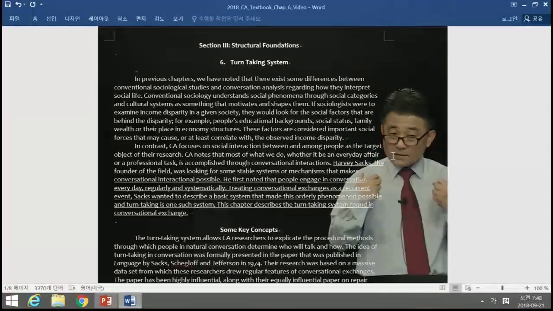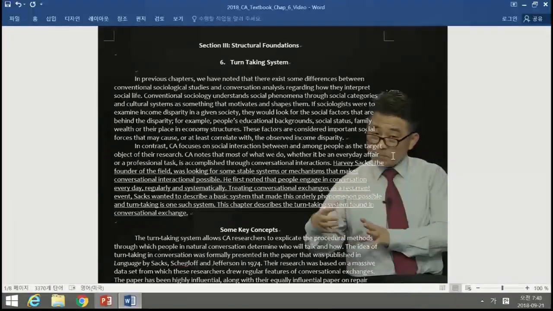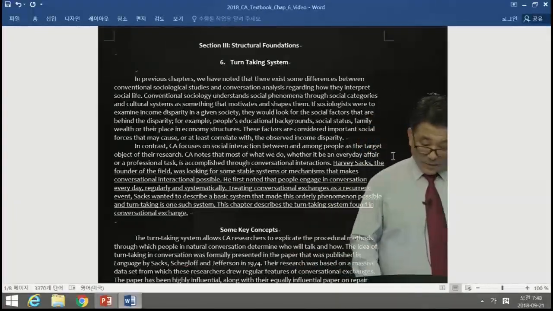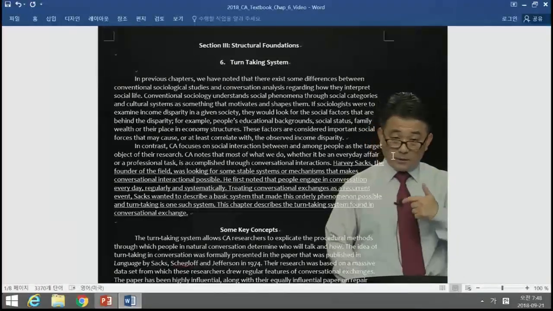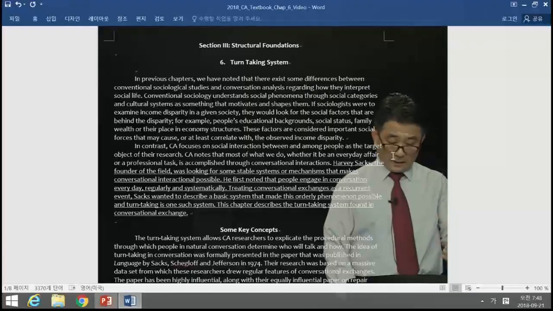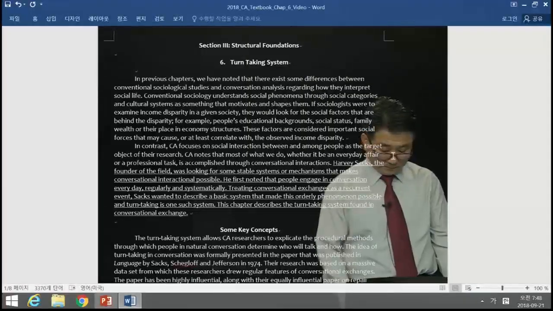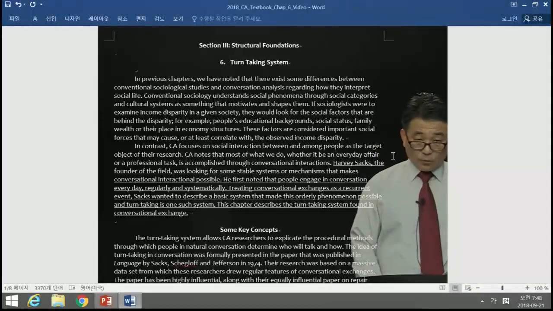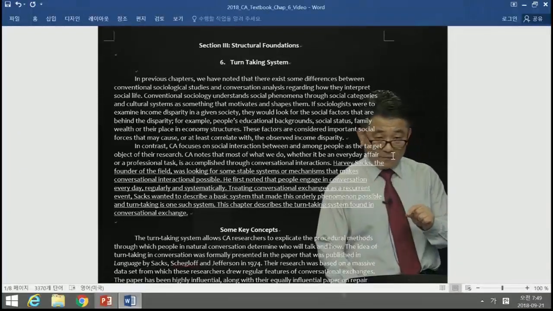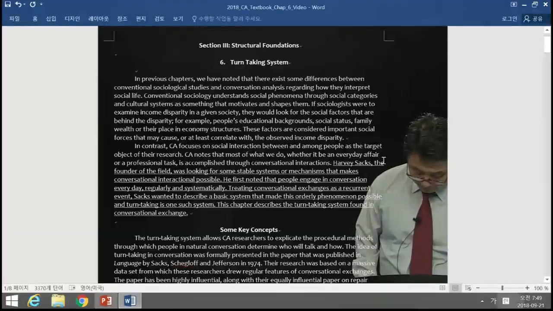Once he found the system, he could explain how conversation is being done. Right? So that's the premise of the system he wanted to discover and develop. And turn-taking system is one such system. So let's go through some key concepts. And in doing so, we're going to explore the questions that Harvey Sacks was trying to find answers for.